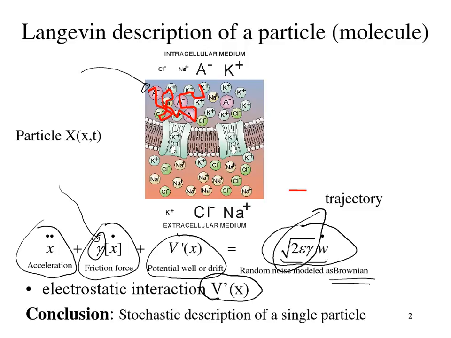Once again, x is the position of a particle at time t. For example, in dimension 2 or dimension 3, it will have 3 components, and in these Cartesian components this equation can be written.